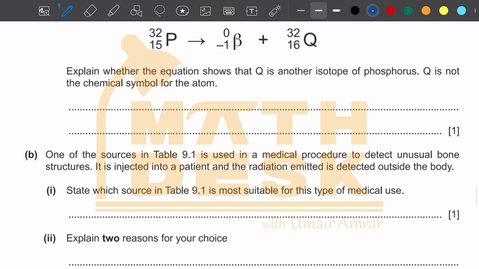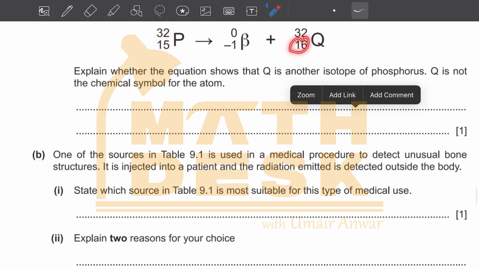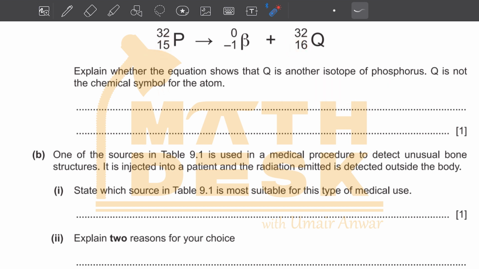Explain whether the equation shows that Q is another isotope of phosphorus. Q is not the chemical symbol for the atom. We can see that both elements have different proton numbers, one is 15 and the other is 16. Since the proton number is not the same, they are not isotopes.